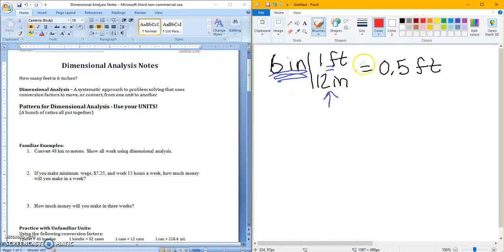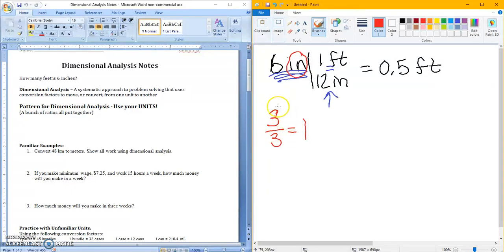Another thing I want you to make sure you watch out for are the units. Units are extremely important, especially when you're trying to do chemistry. If I look, I am starting out with inches. Okay? I want to get rid of this unit. Now in math class, whenever I want to get rid of a number, let's say I wanted to get rid of a 3, I would divide by 3, and that equals 1.